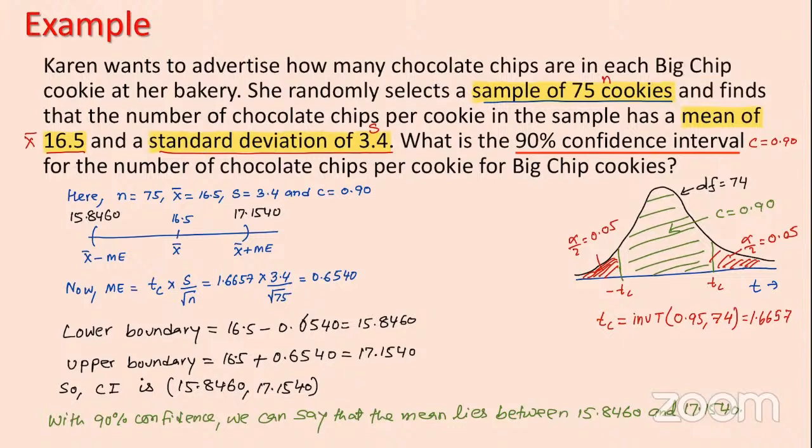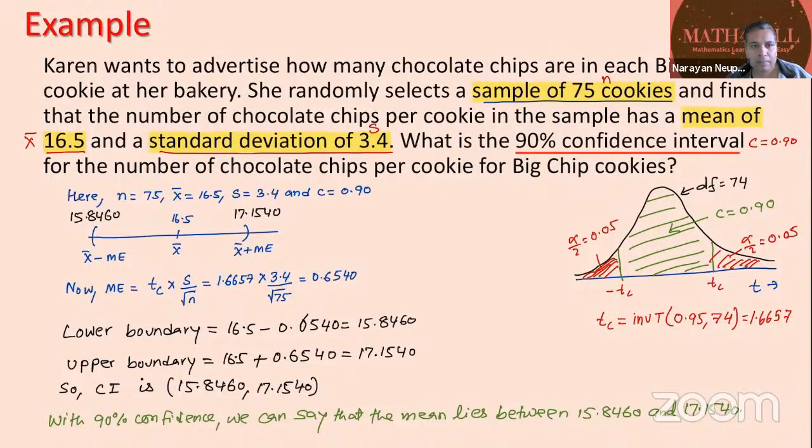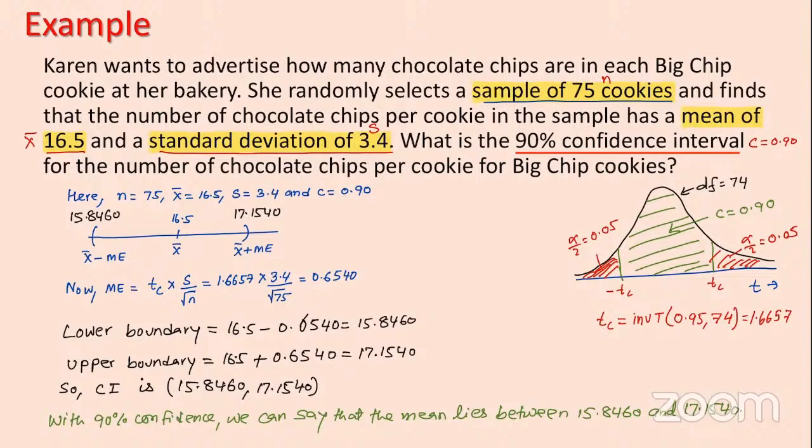I got a different number. Which number you got different? I got 0.6545, not 40. 0.6545, is that what you got? Yeah. Okay. Let me quickly check that here. Maybe sometimes I make a mistake. So 1 point 6657.